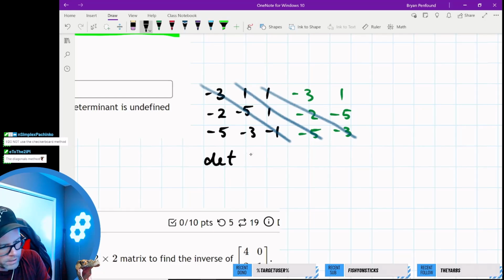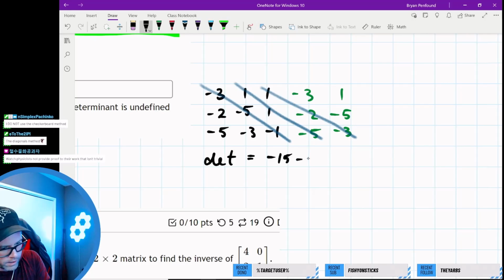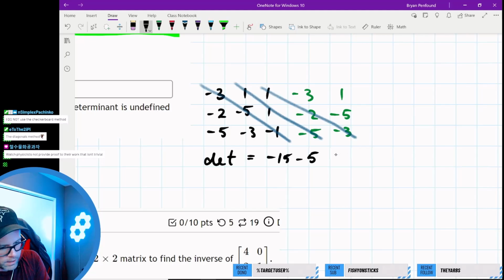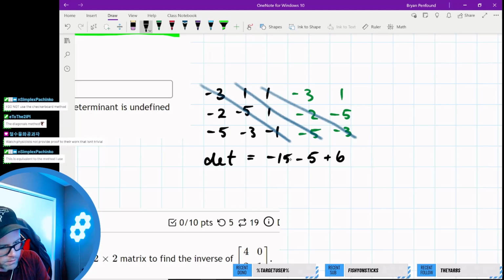So my determinant is going to be, looks like negative 15. That's the multiplication of this first diagonal. And then negative 5. And then plus 6. So I'm going to be adding the numbers that I get on these three diagonals.